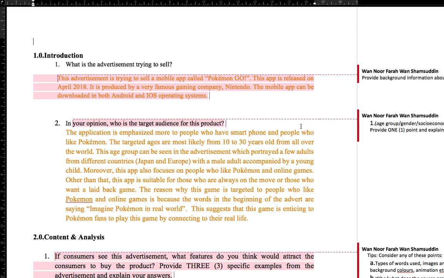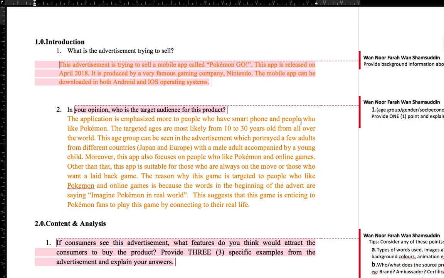The reason why this game is targeted to people who like Pokemon and online game is because the words in the beginning of the advert are saying, imagine Pokemon in real world. This suggests that this game is enticing to Pokemon fans to play this game, connecting to their world.